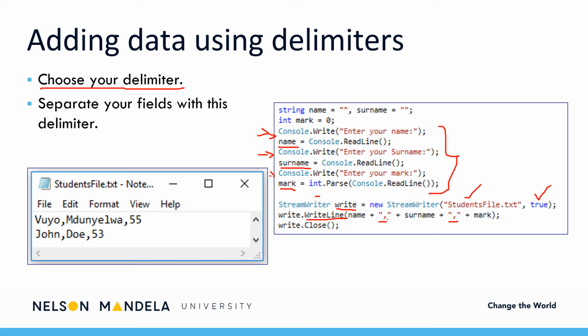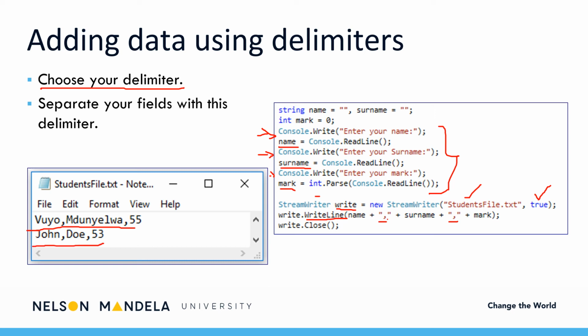And then that is how your line or your record is going to look, which is this record. So there's my name, my surname, the comma, and then the mark. And then the next line is going to be John, comma, which is the delimiter, Doe, comma, which is the delimiter, and then the mark, which gives you this record.